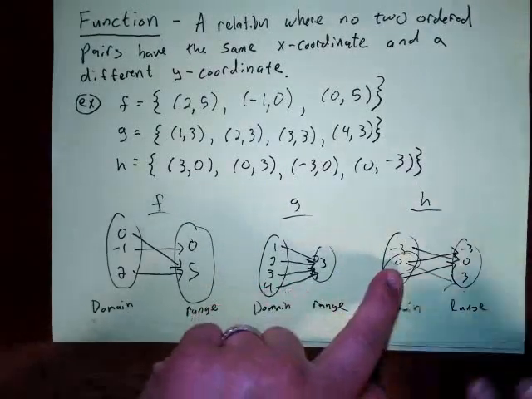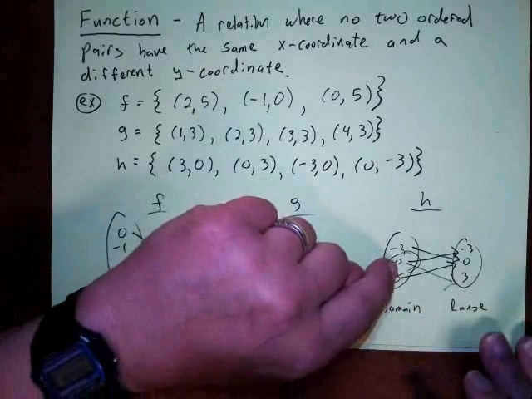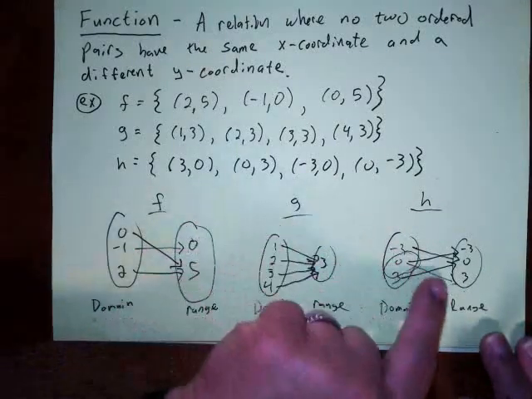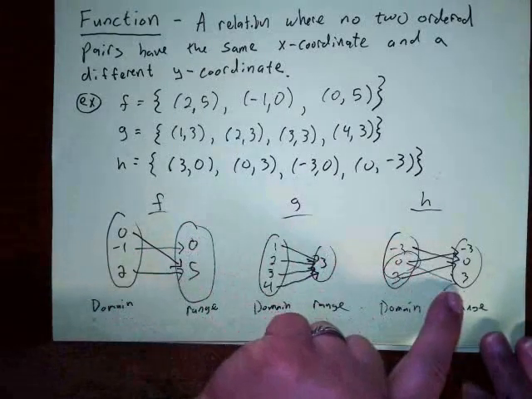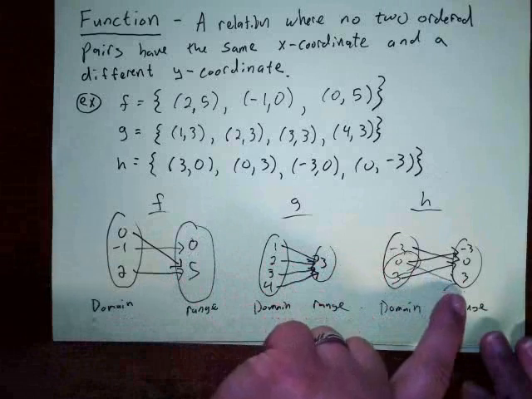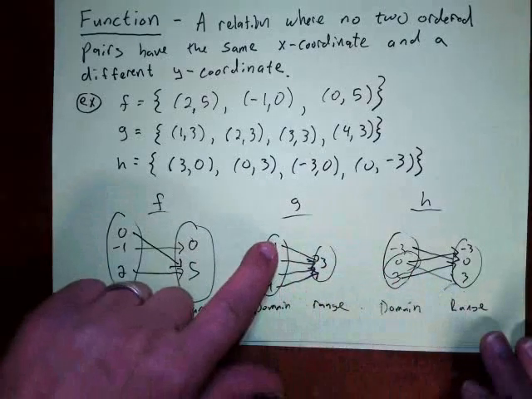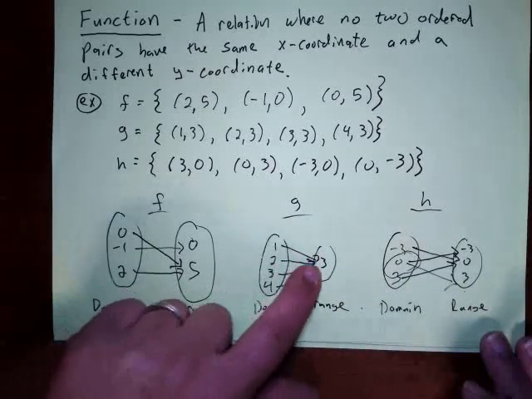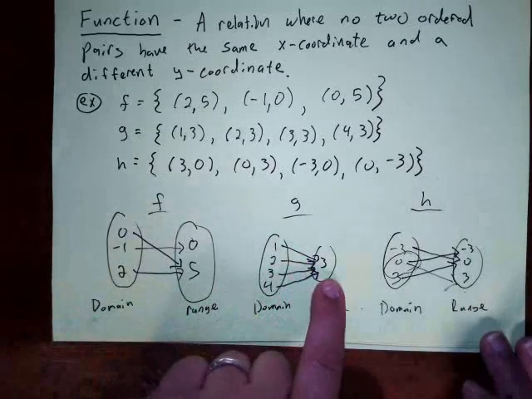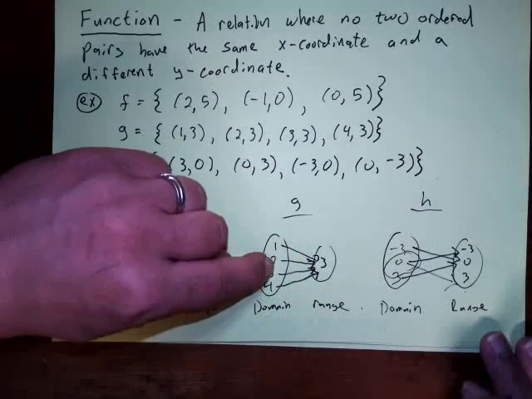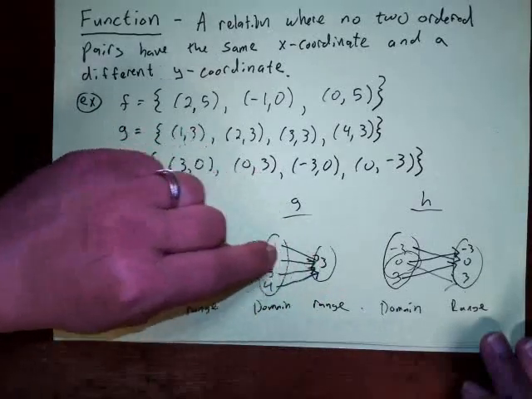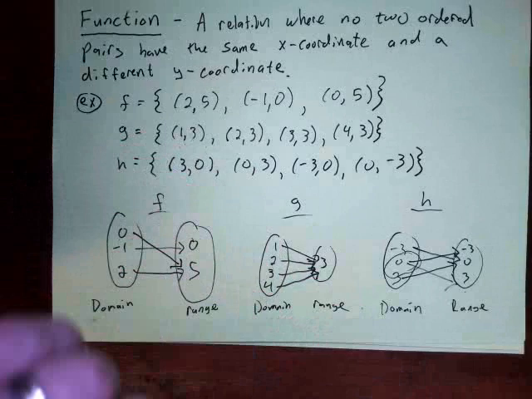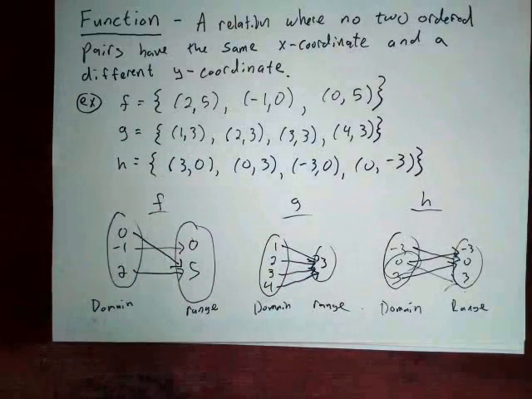And what you see here is over in the domain, you got an element with two arrows branching off in two different directions. And that's when it's not a function. So you can only have one arrow going off of these, and if they're all going to the same number over here, that's fine. But if there's a place here where one of the elements are branching to two different numbers over here, that's when it's not a function.